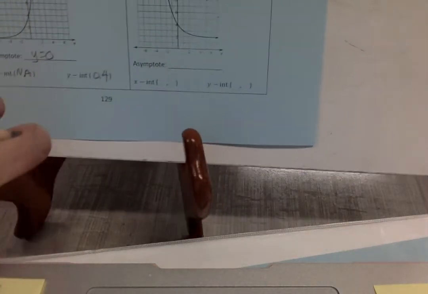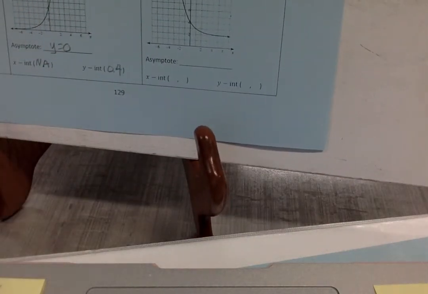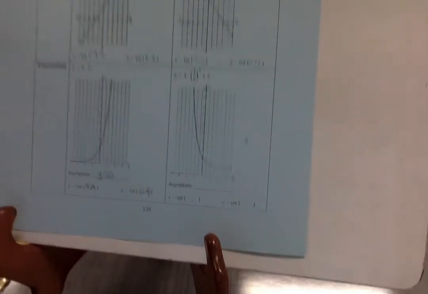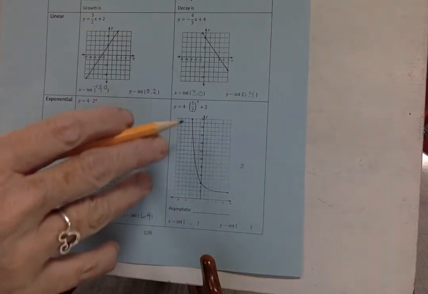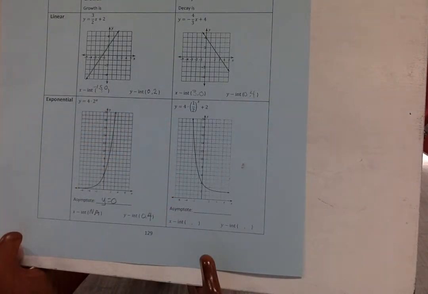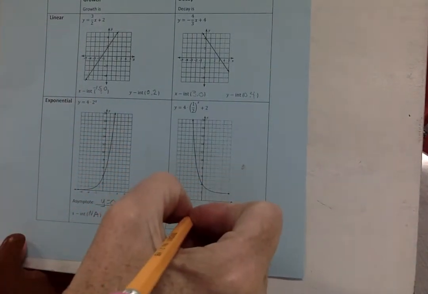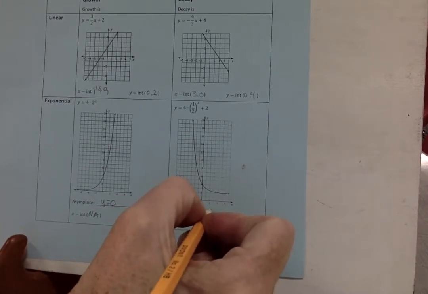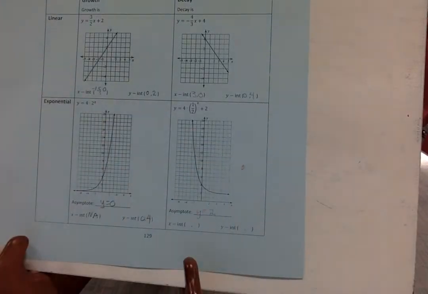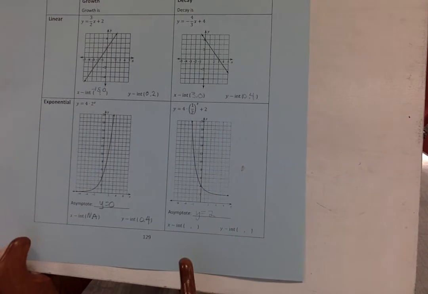Okay, for your decay, over here, your asymptote is going to be at y equals 2. So even though it looks like that line is going to cross y equals 2, it will never cross it.